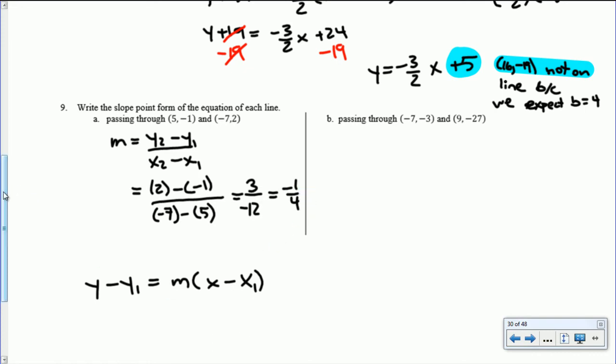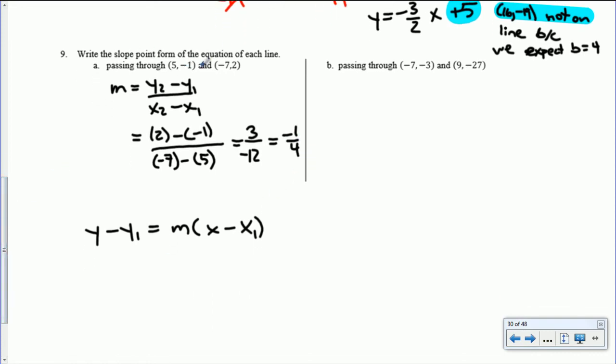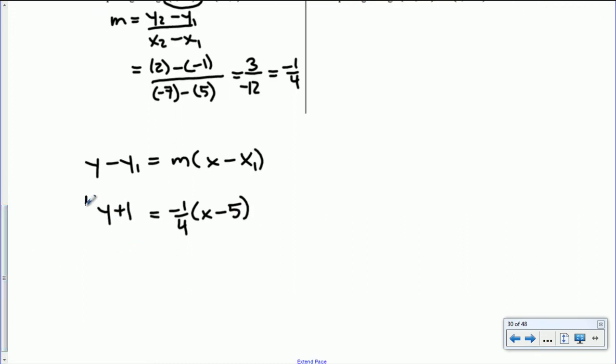So that's great. And because we want slope point form, I can choose either when I sub in x1, y1. So now I have the slope, -1/4, x, I'll choose this one, so x minus 5 and y plus 1. Now, so that's a possibility.